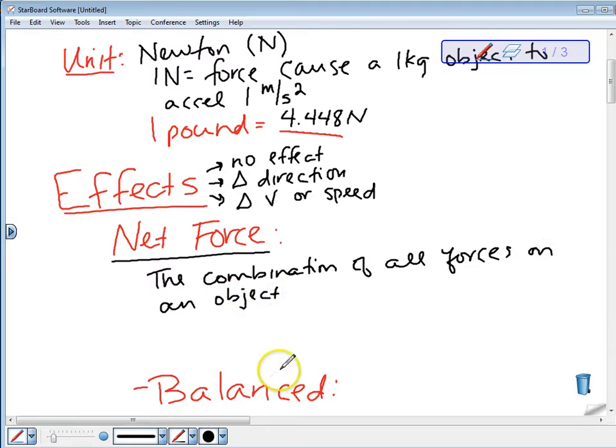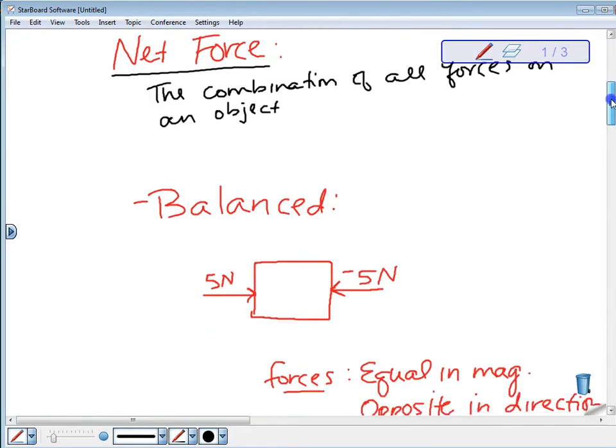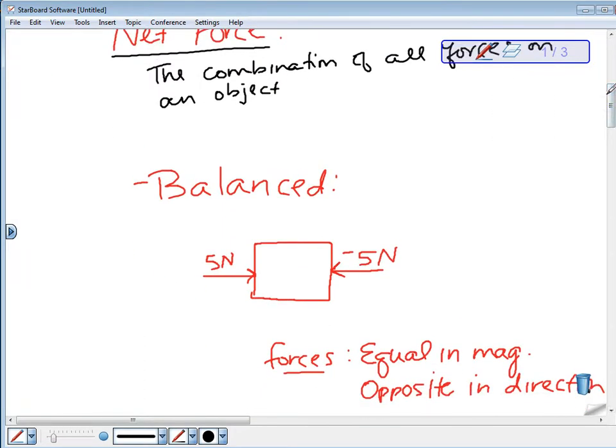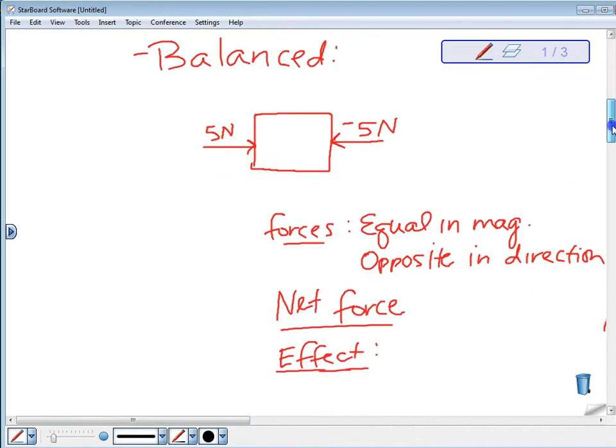Okay, we can have balanced forces or they can be unbalanced. If they're balanced, then they will look like this, where we've got 5 newtons of force pushing this box to the right, and we've got 5 newtons of force pushing this box to the left. So these forces are equal in magnitude but opposite in direction.